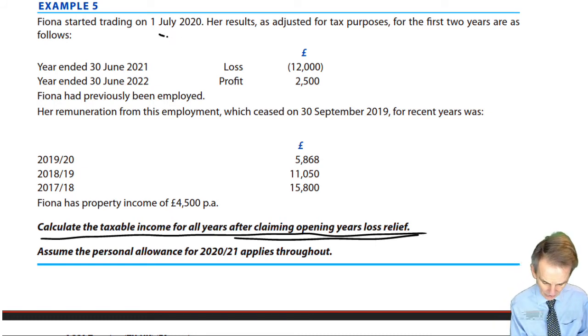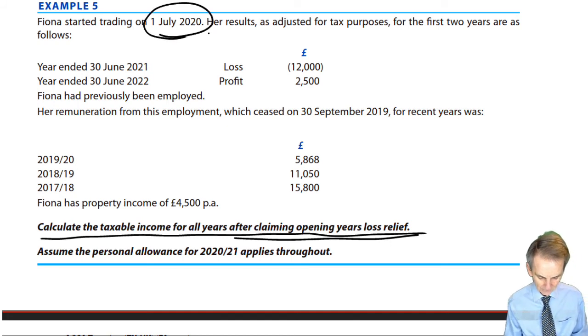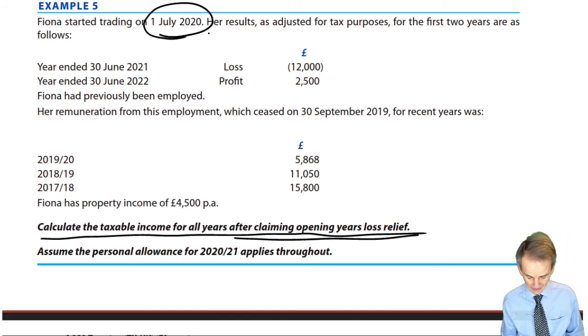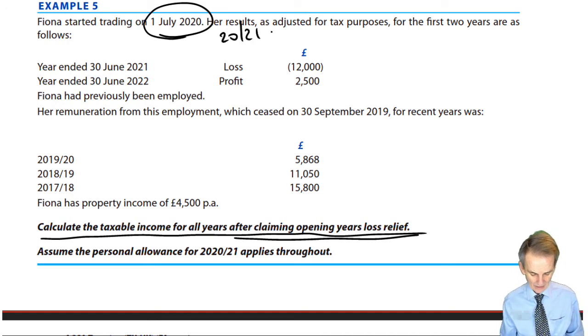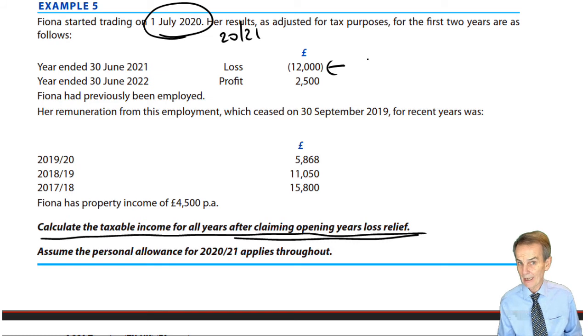So Fiona started to trade on the 1st of July 2021. The opening period is a loss-making period. So for opening year's relief, once you've worked out how much loss falls into 2021, that amount of loss could be carried back 3 years.